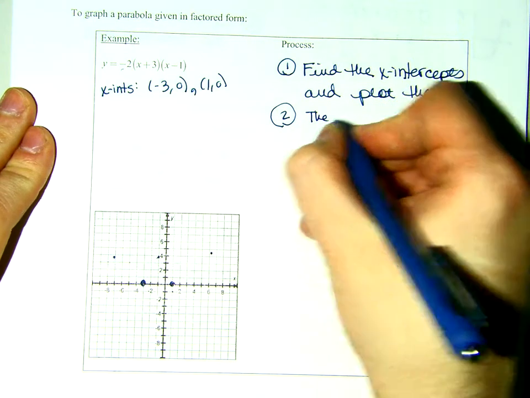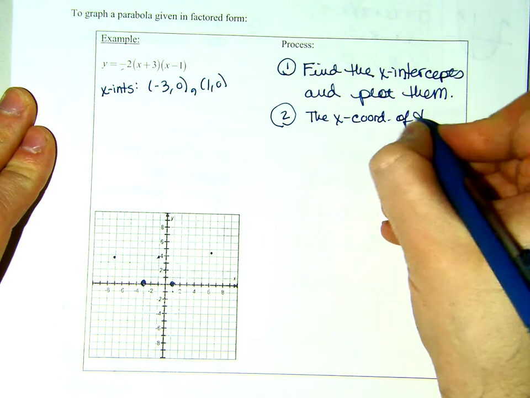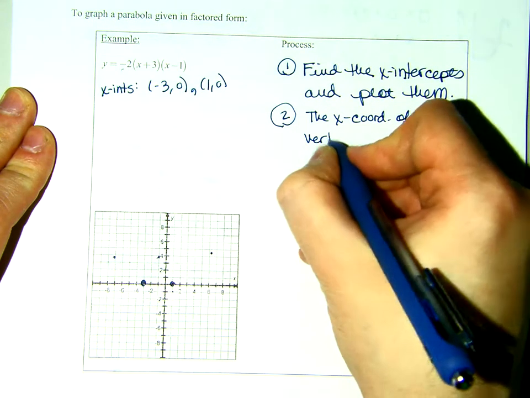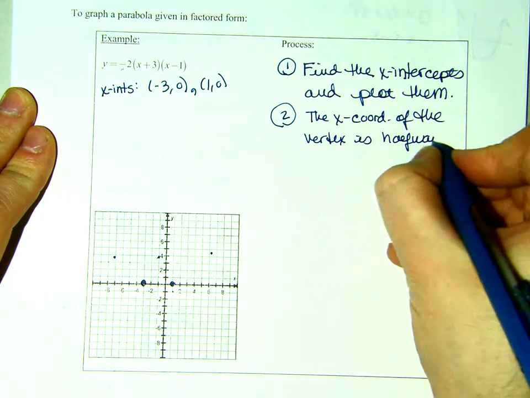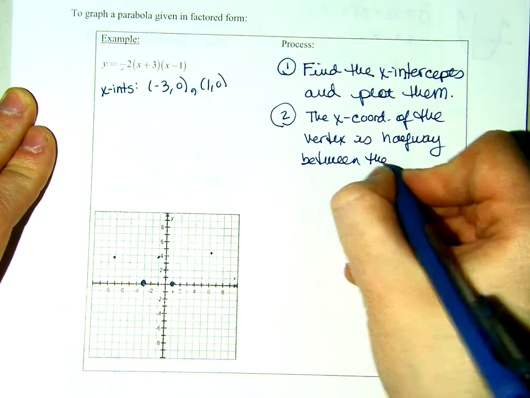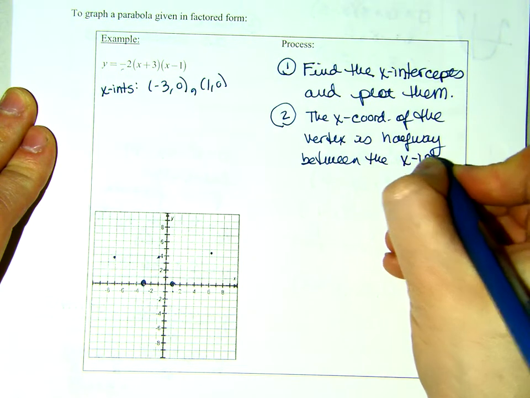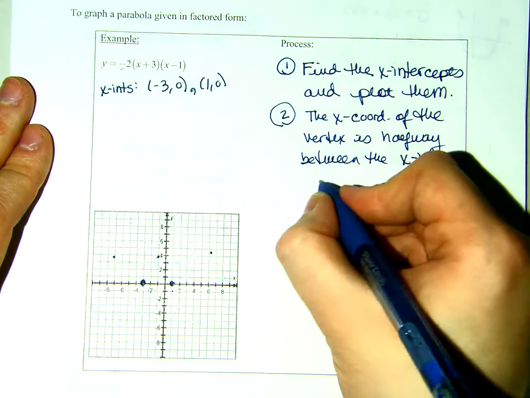Step number 2. The x-coordinate of the vertex is halfway between the x-intercepts. We can either just count like we can in this case, but it won't always be nice like that.